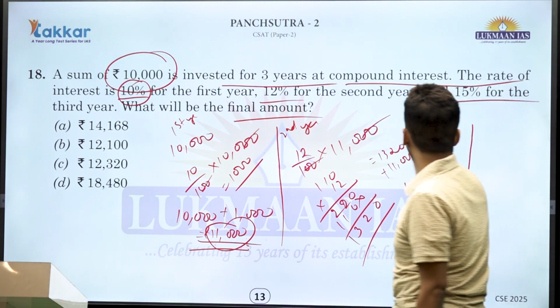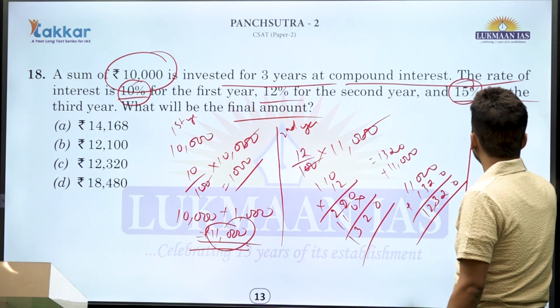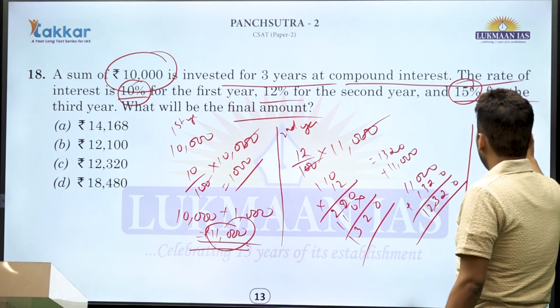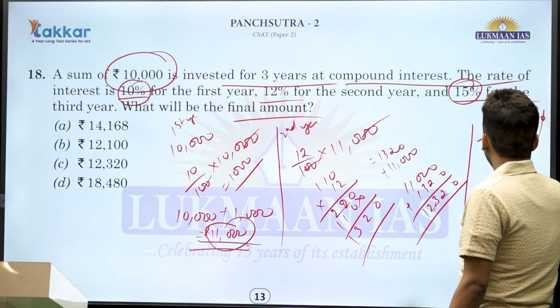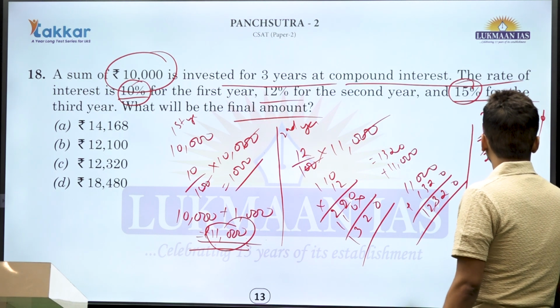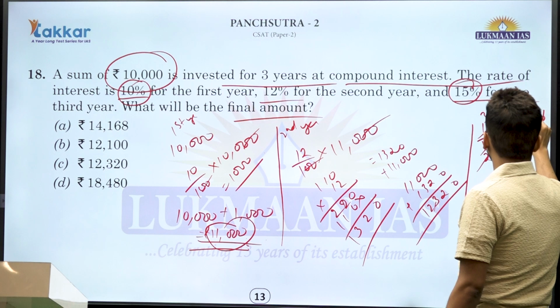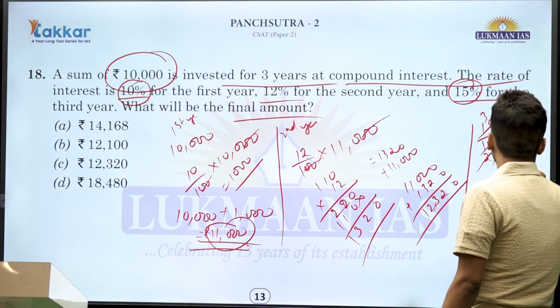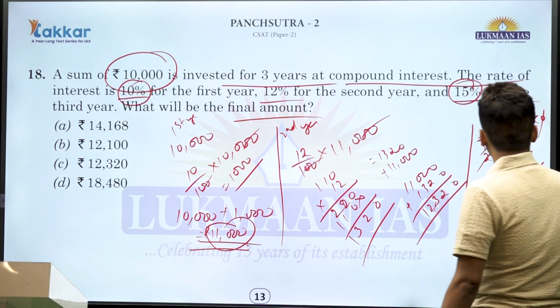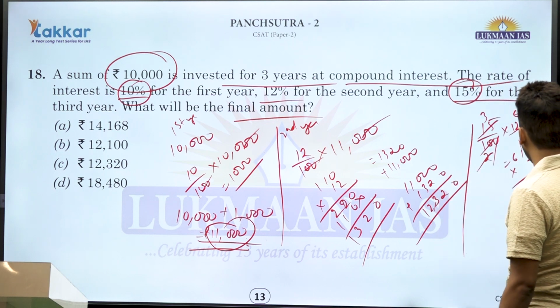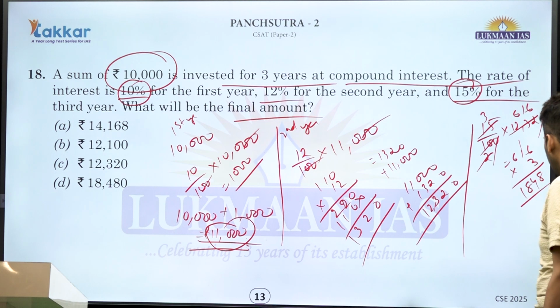Now for the third year, what is the interest rate? 15%. 15 by 100 into 12,320. This will be 616 times 3, which is 1,848, if I am not wrong.